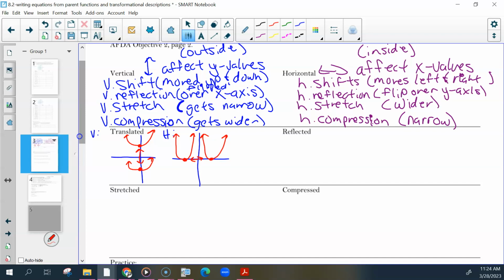I'm going to put a side note at the bottom to say that translated is the same as shifts. Questions on that so far? This part isn't really new, it's just summarizing what we've already done again, but in words and not in pictures.